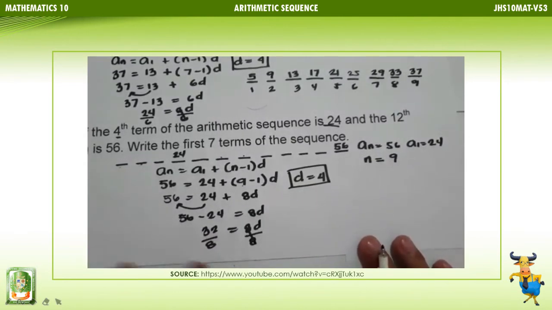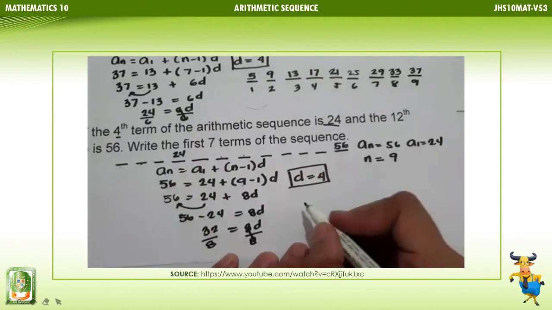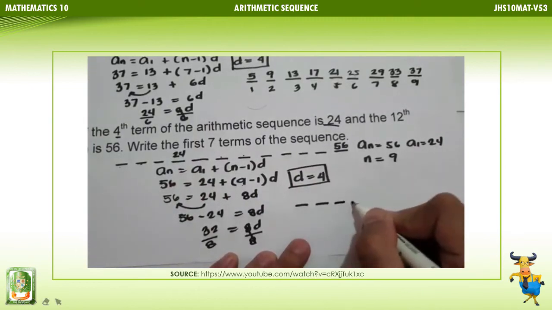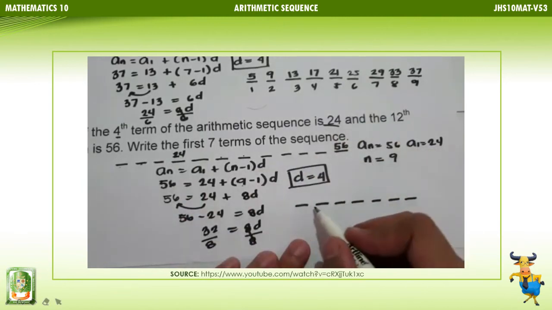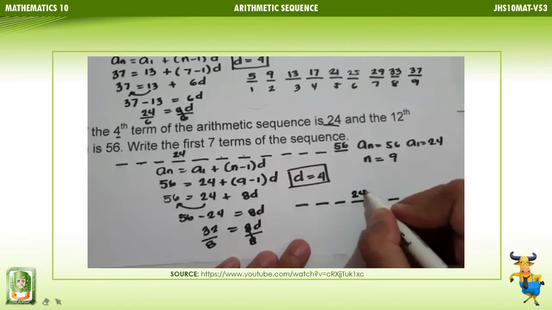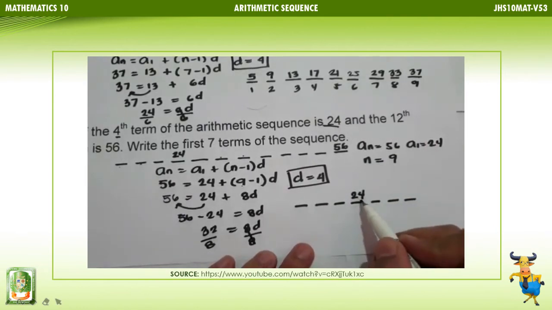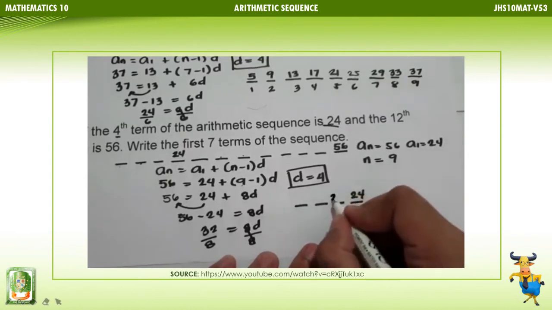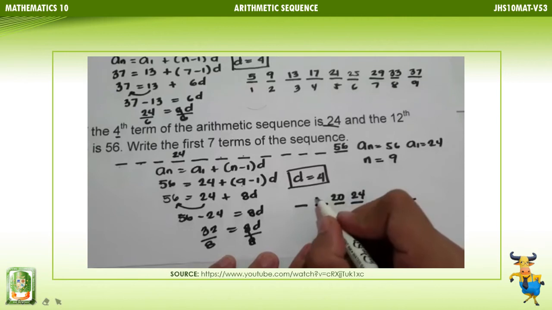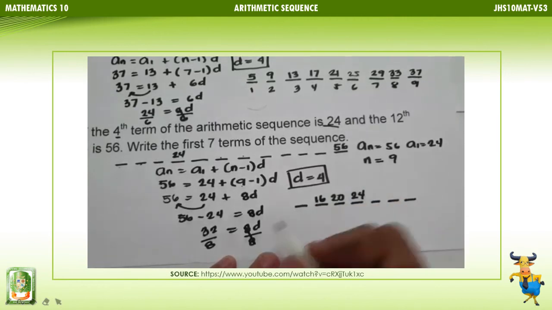Now let us insert the first 7 terms. So we have 1, 2, 3, 4, 5, 6, 7. Since the fourth term is 24, we add 4 to the 24 to find the 5th, 6th, and 7th terms, and we subtract 4 from the 24 to find the first 3 terms. 24 minus 4 is 20. 20 minus 4 is 16. 16 minus 4 is 12.